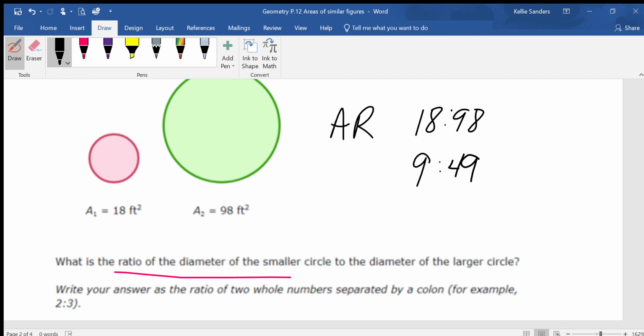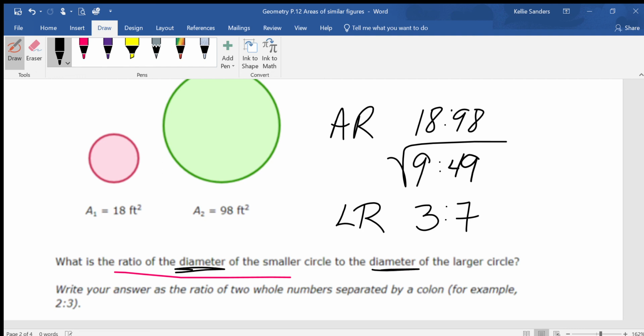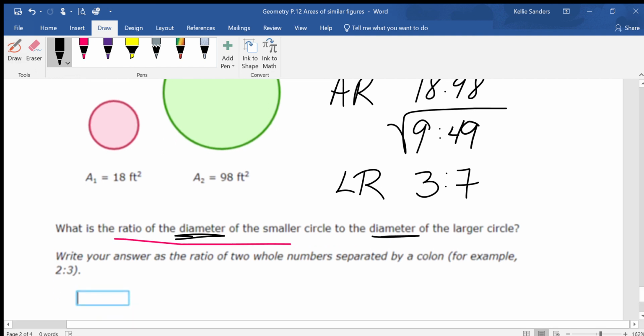So if this is the area, it has been squared. So to get the length ratio, I'm going to square root them, because diameter is length. Diameter is how long it is between the center of the circle to both edges.